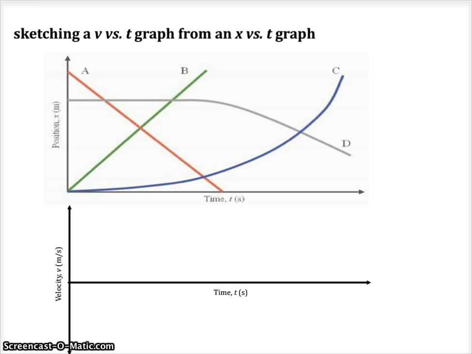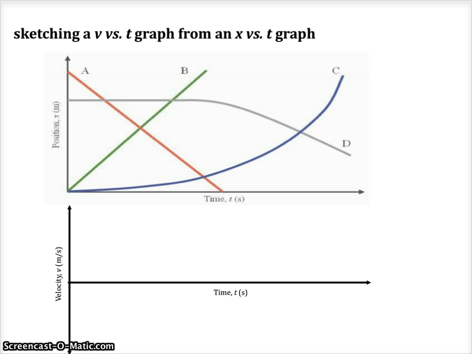Let's take a look at how we might change these graphs of position versus time that we've seen in the past, and see how we can build a graph of velocity versus time from that information. So let's take a look at the red line first, the line that's labeled A. We can see that on the position versus time graph, that is a straight sloped line.